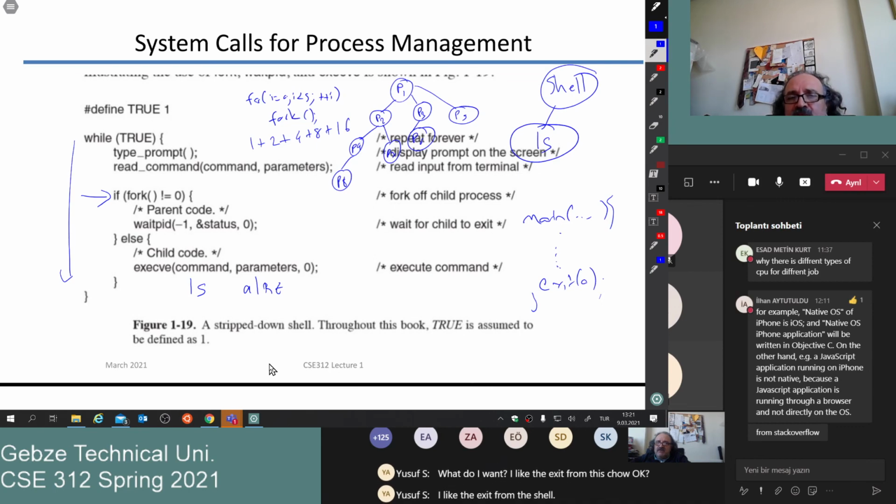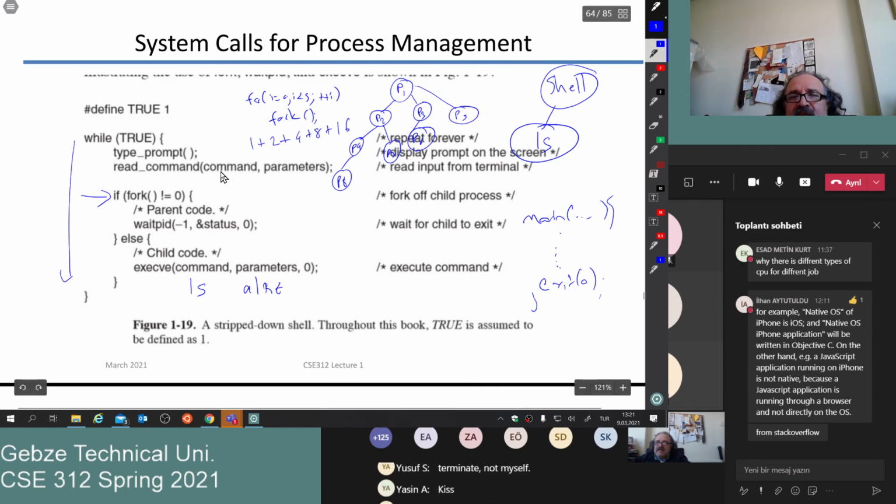But if I replace my child's image with the exit program, that exit is going to cause my child to terminate, not myself. When somebody writes exit at this command, I would like to terminate myself.